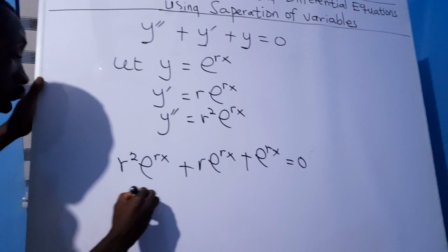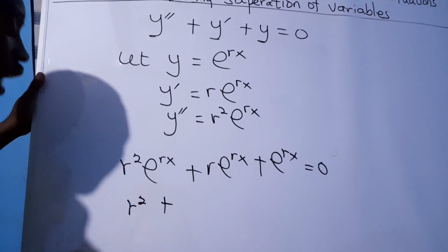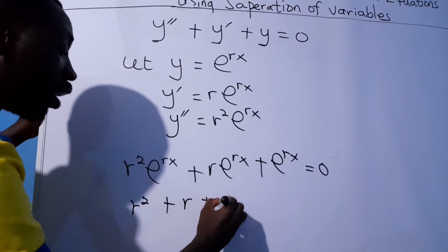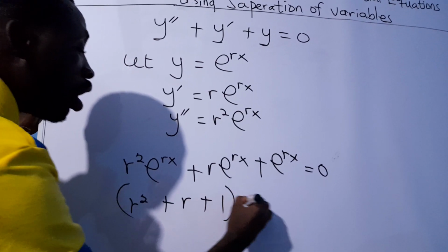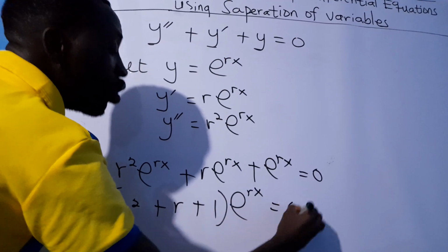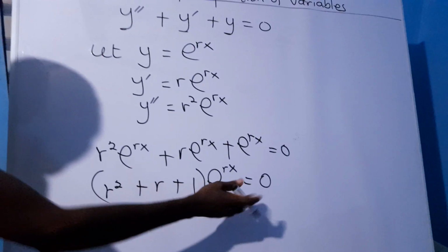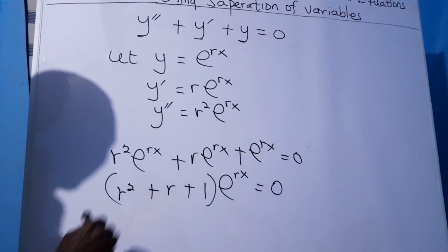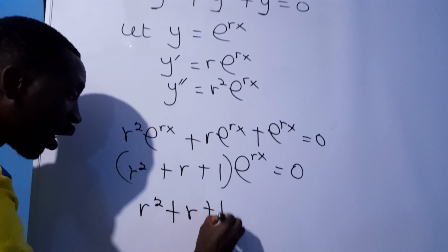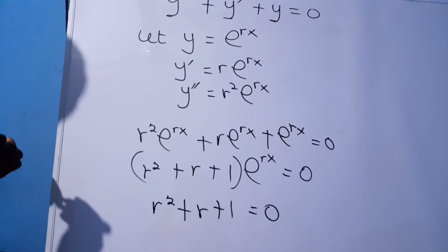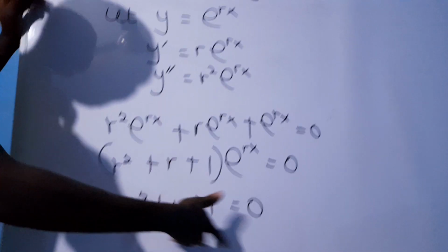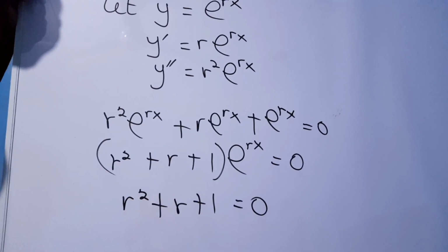We get r square plus r plus 1, times e exponent r of x, equal to 0. We can divide both sides by e exponent r of x, then we get r squared plus r plus 1 equal to 0. Now this has become a quadratic equation, which we can easily solve to get the values of r.